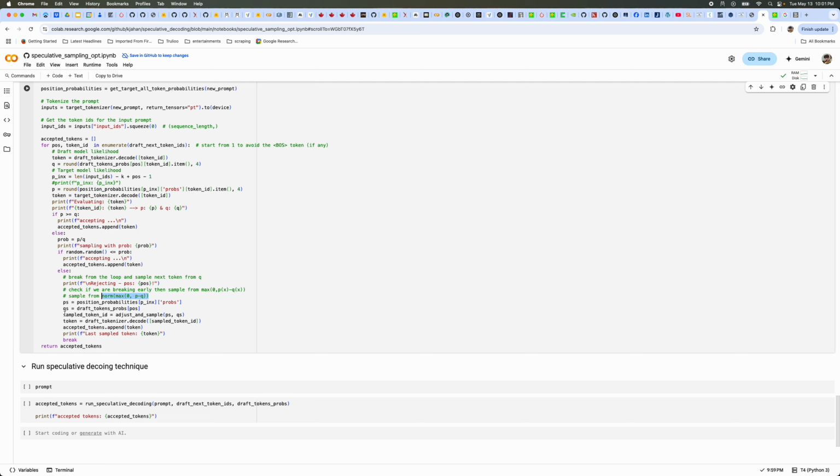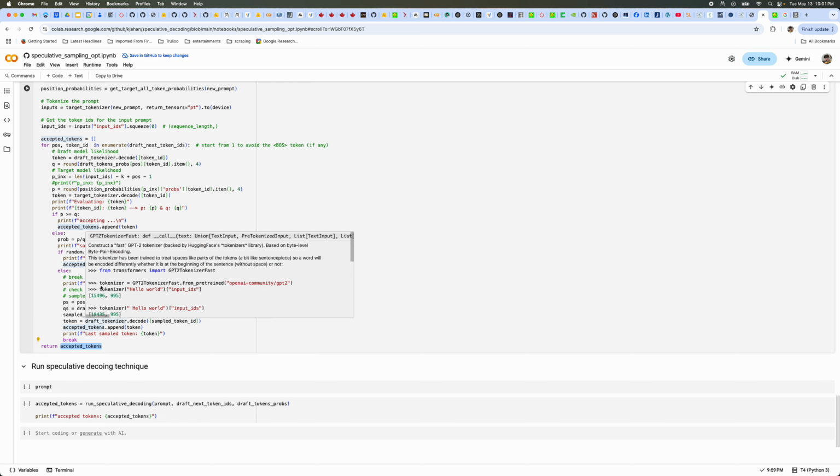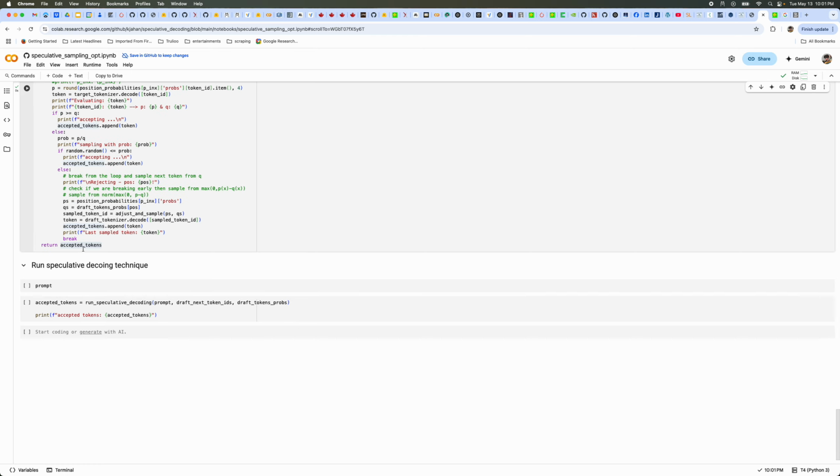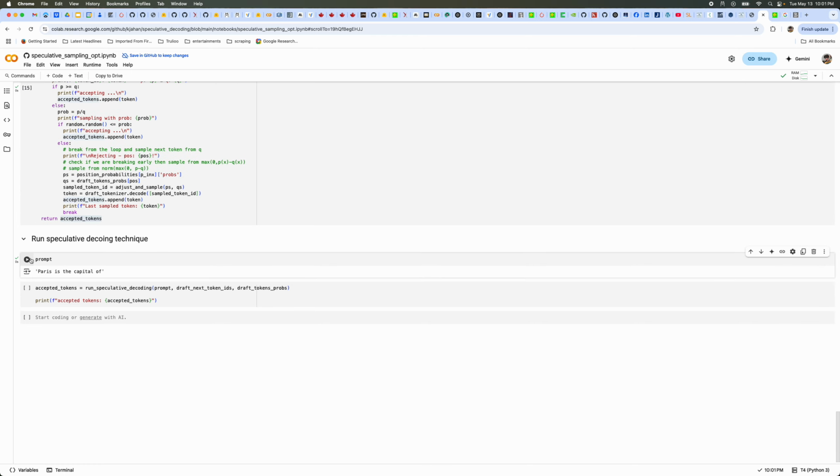This is our bonus token, and after that I break from the loop. As we go through the loop, we add the tokens to the accepted tokens. So in the worst case, we always have one token accepted, which means we are as slow as just passing everything to the target model.